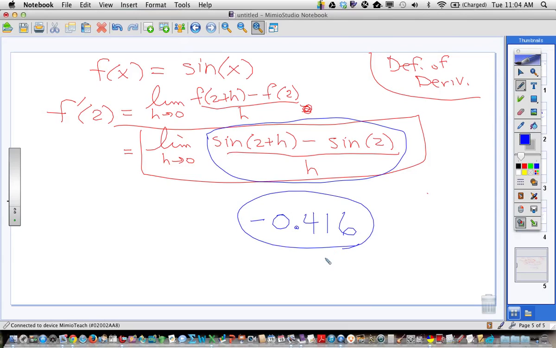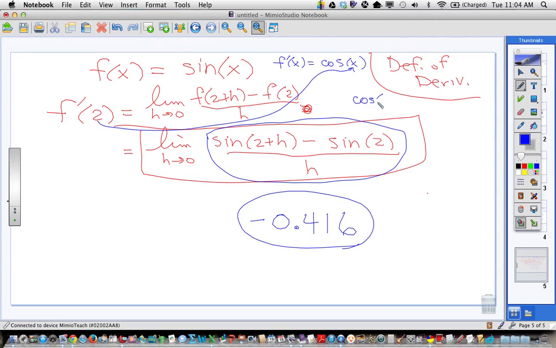Now again, just like the previous problem, this would be the slope of the sine graph at 2, right? But remember the previous problem, we already know what this answer should be. What's a derivative of sine x? Cosine x. And so f prime of 2 would be just take a 2 and plug it in right there.